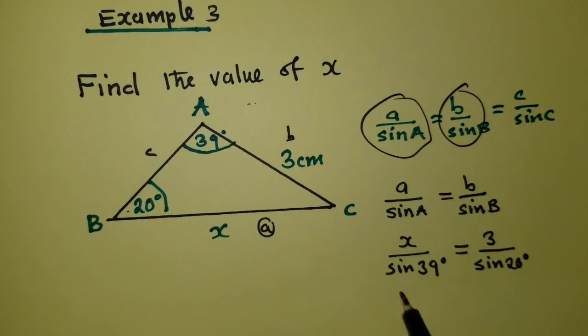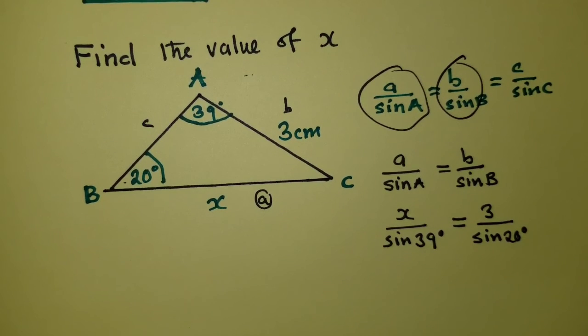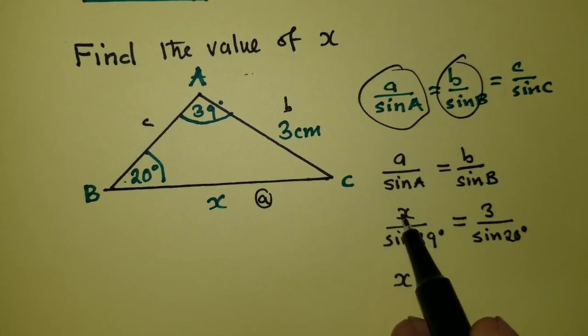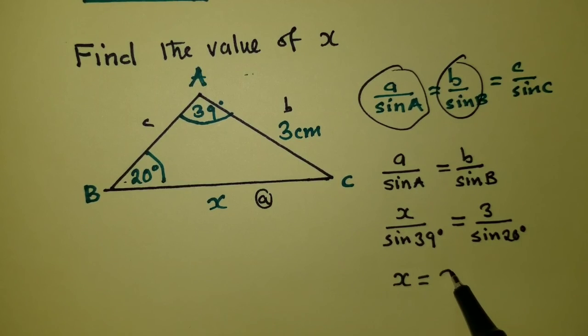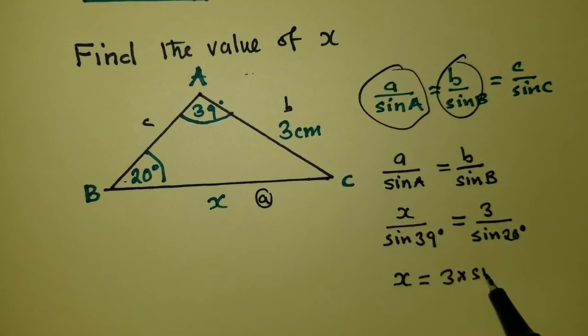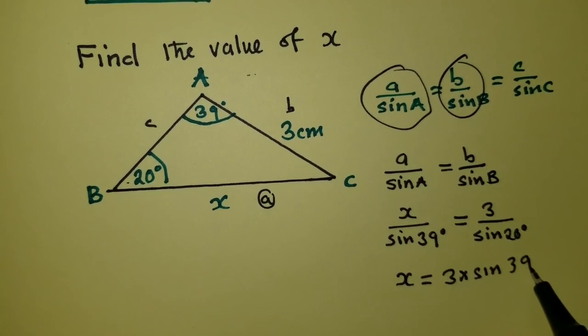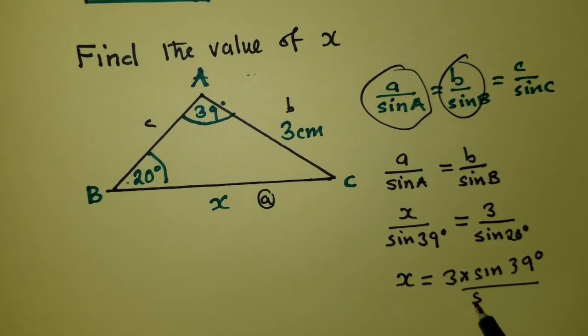Capital letter B, it's 20. So when finding the side, you don't even waste much of your time. You just say x, whatever letter is here. So in this case, we have x equal to 3 times sine 39 degrees over sine 20 degrees.